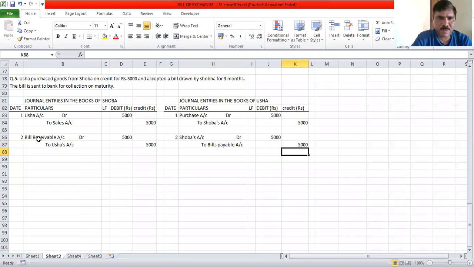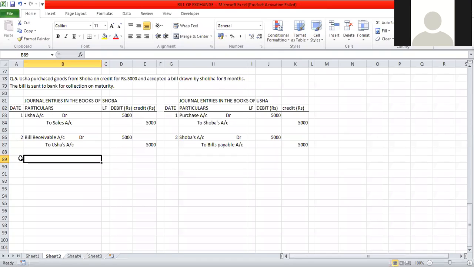What does it say? The bill is sent to bank for collection on maturity. Okay. Bill sent for collection. So in the books of drawer, what entry should I pass?